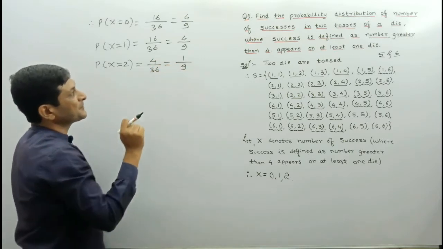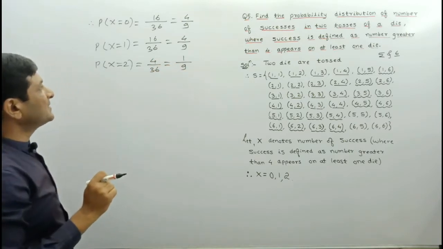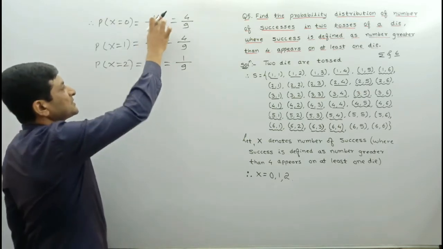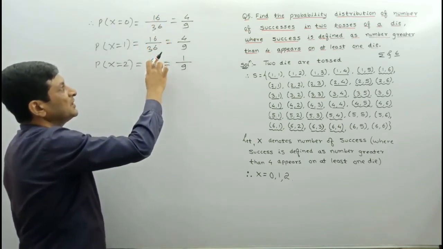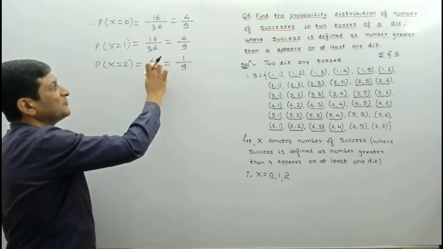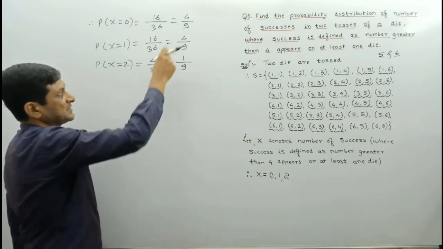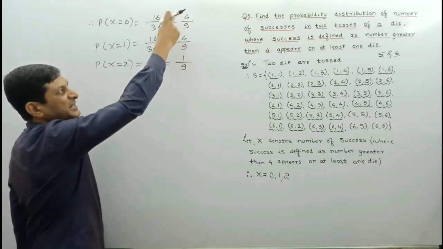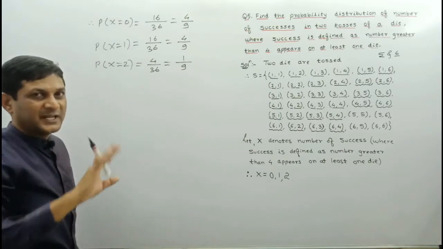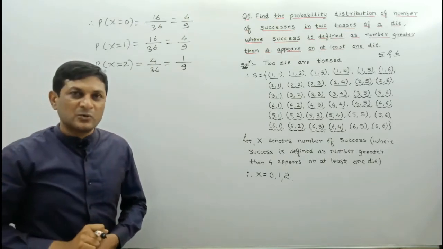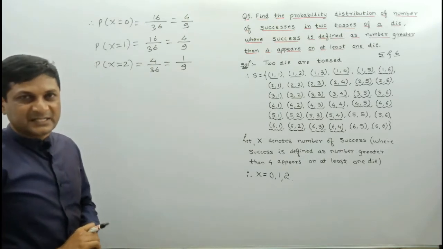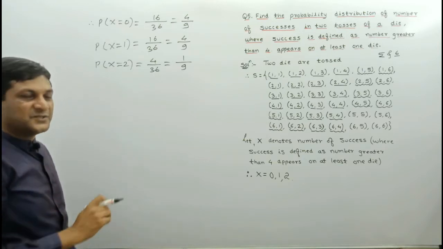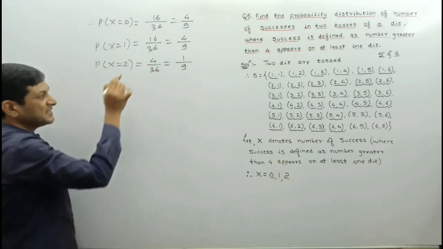So here we can observe that 16 plus 16 is 32, 32 plus 4 will be equal to 36, and here also the sum of all these probabilities is 9 upon 9. 9 upon 9 means 1, means we can conclude that our answers are correct here. सब की sum कितनी आनी चाहिए? 1 आनी चाहिए. So सब probability की sum तो 1 है.